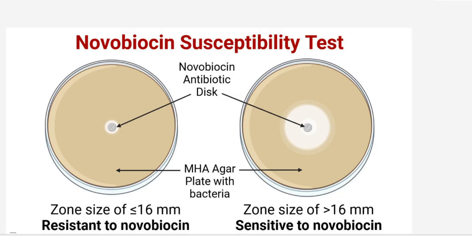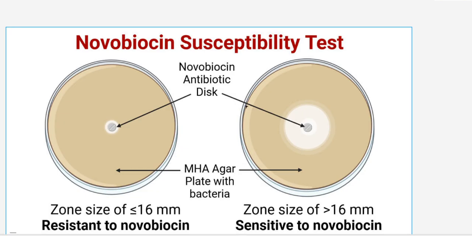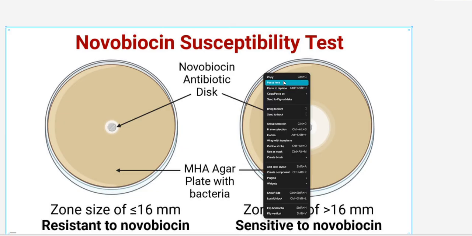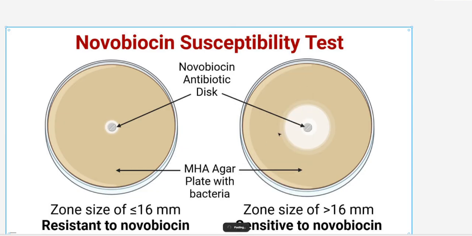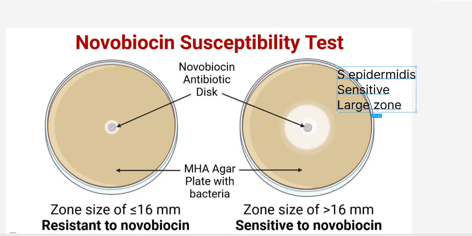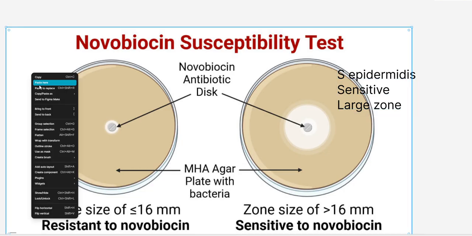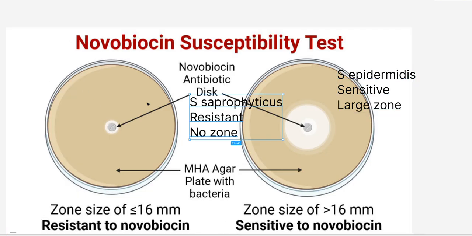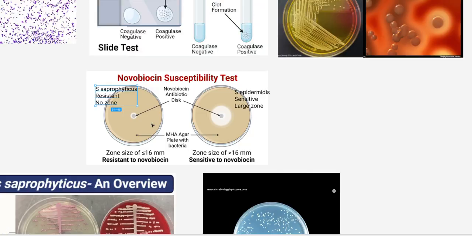And we know that the sensitive one is S. epidermidis. It has a large zone of inhibition around the novobiocin, but the saprophyticus is not, right? So S. saprophyticus is resistant. It has no zone around it. And that's how we do the novobiocin susceptibility test here, right?